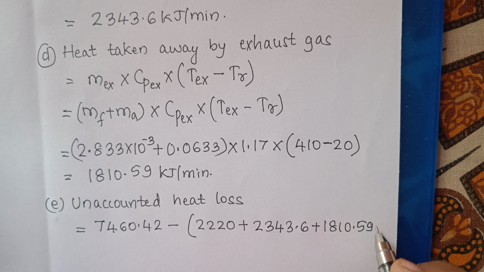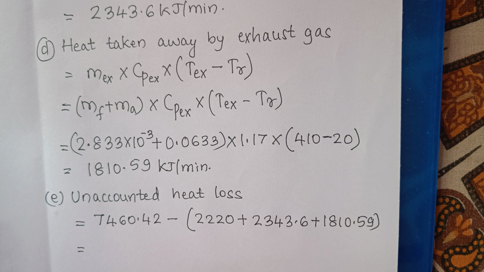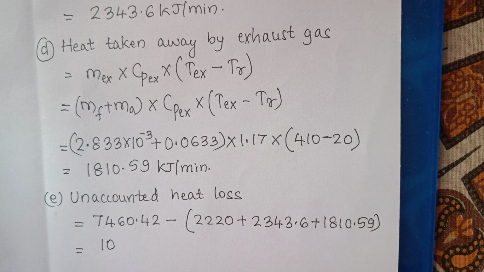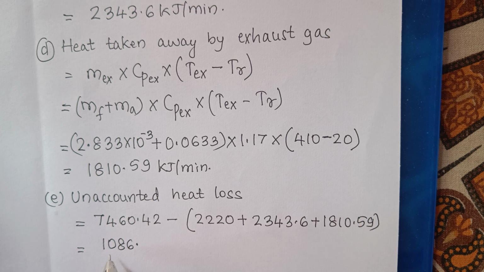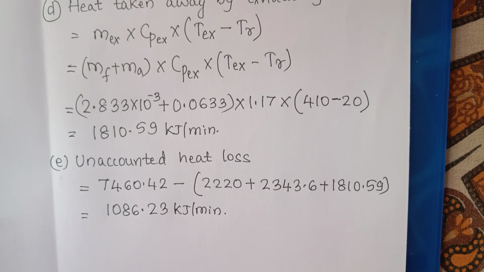If you add them and subtract from 7460, which is heat supplied, you will get the value of unaccounted heat loss, that is 1086.23 kilojoules per minute.